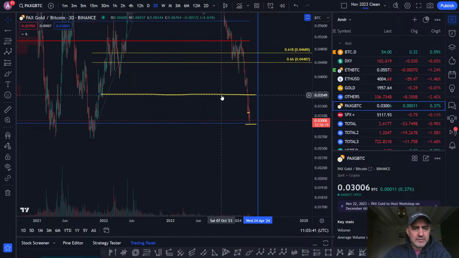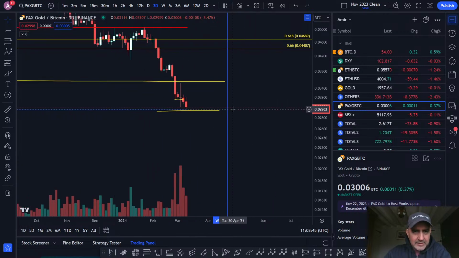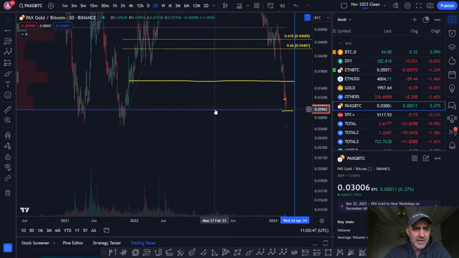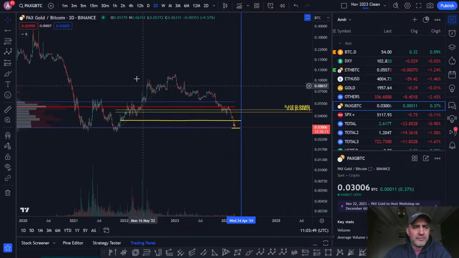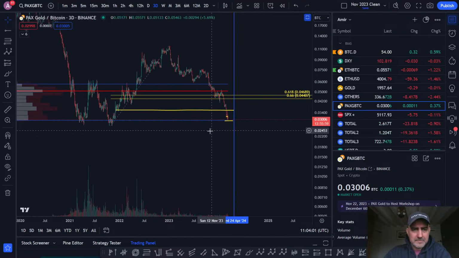Pax Gold against BTC is finally into the value area low of this overall price action, going back to 2019. You see that?